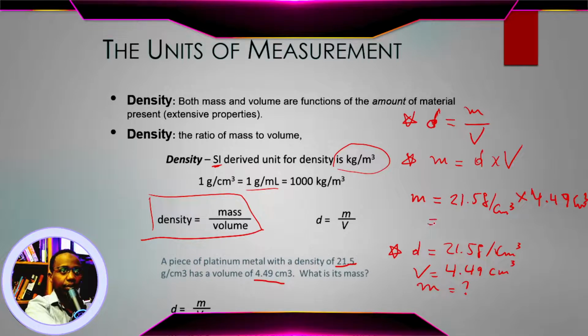So 96.5 grams, because the cubic centimeters are going to cancel out. All right, so that's how you work with density, and you should know this formula.